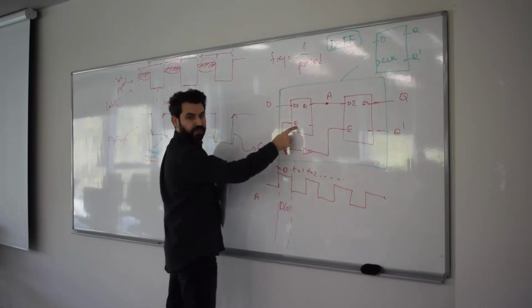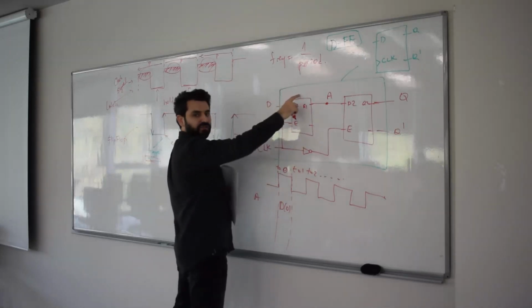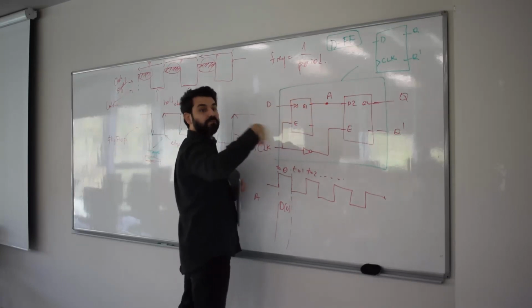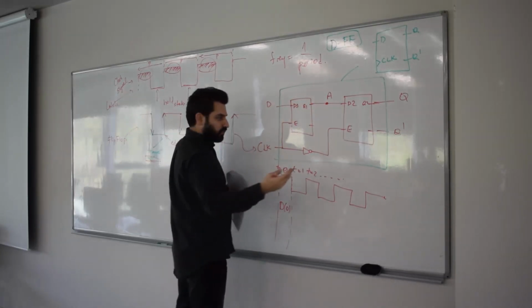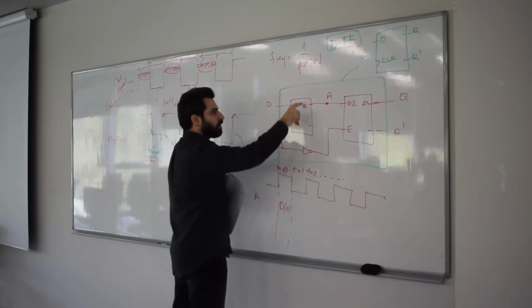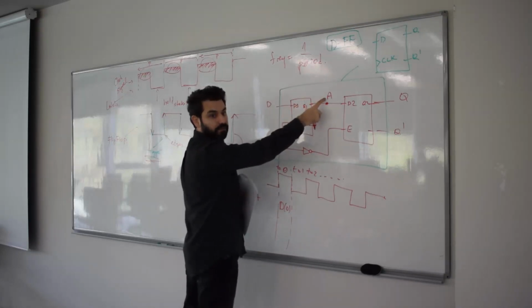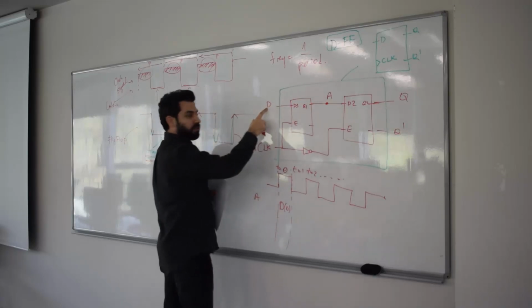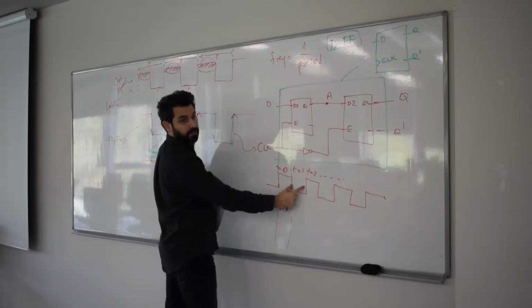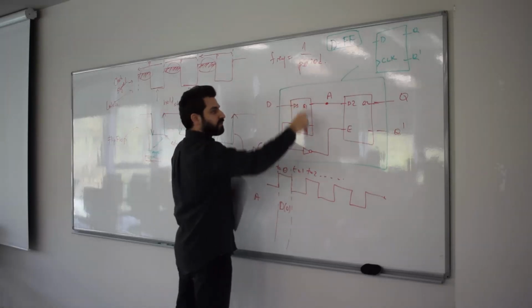If the clock becomes 0, this would disable this latch, which means it's going to send whatever it was sending before, which was D0, right? So that means whenever this clock becomes 0, this D0 would appear in A, okay? And even if that D is changing in that particular time period, it's not going to be copied here because this is disabled.